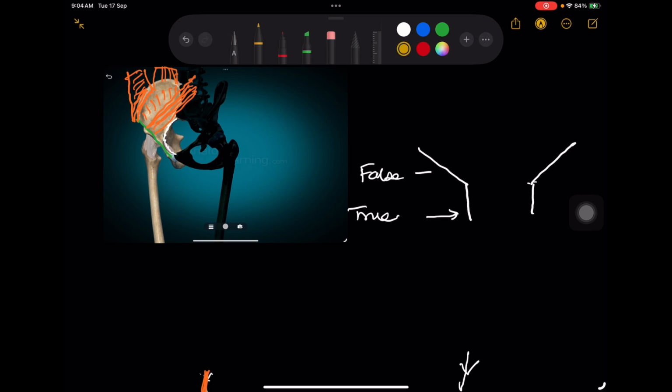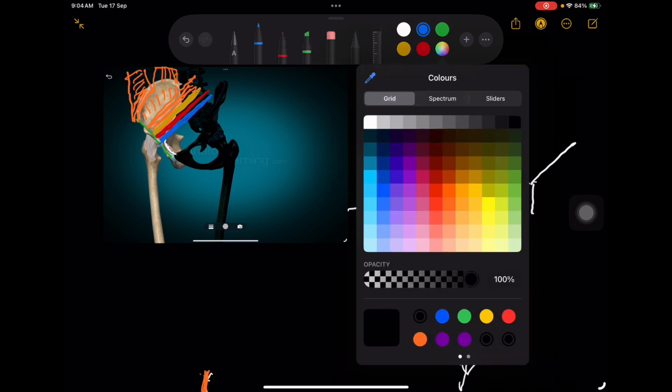Under, medial to the psoas muscle is the femoral nerve, the femoral artery, and the femoral vein. So these are the contents that form the false pelvis. So I will repeat it on this diagram.